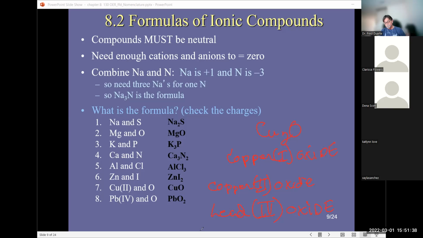All right, now, with these 8, we went specifically with, like number 1, sodium, but keep in mind, you can take that sodium and combine it with oxide. Sodium with the phosphide, sodium with the nitride, sodium with the chloride, sodium with the iodide, and we already did oxide.